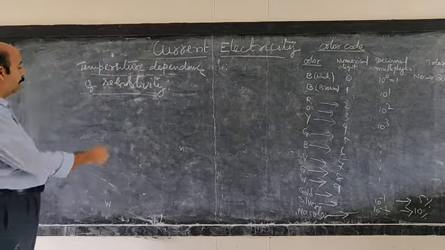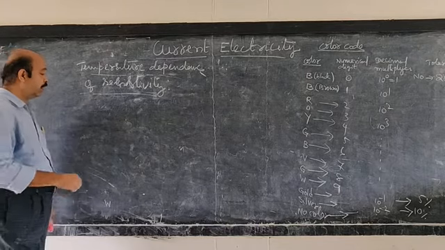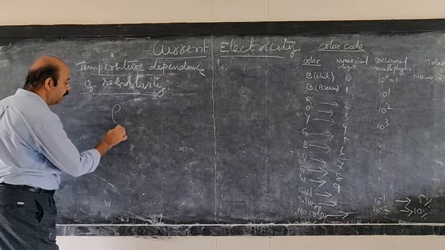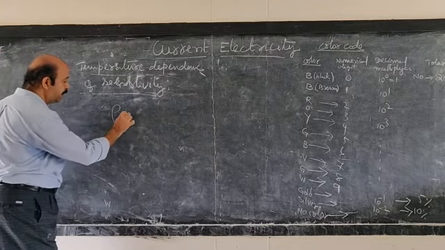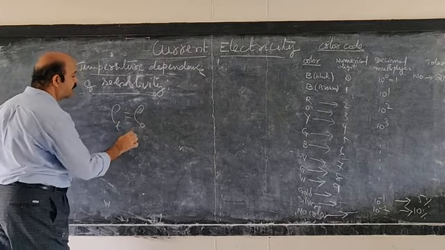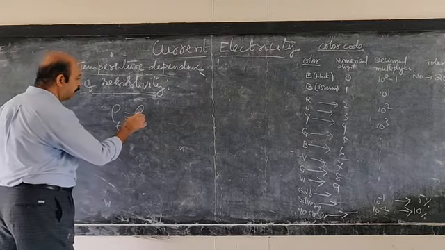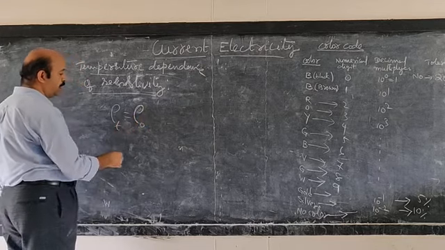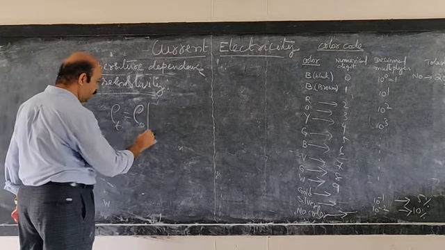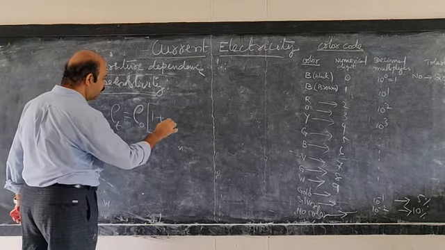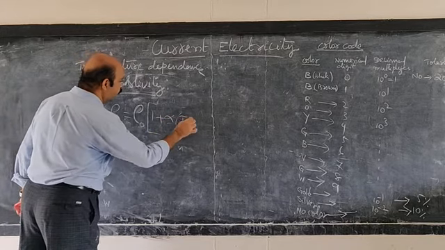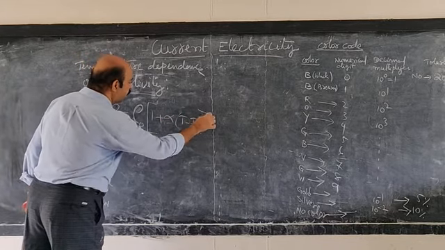It was found that the relation between resistivity at a given temperature is given by resistivity at 0 degree C with this 1 plus alpha into T minus T naught.